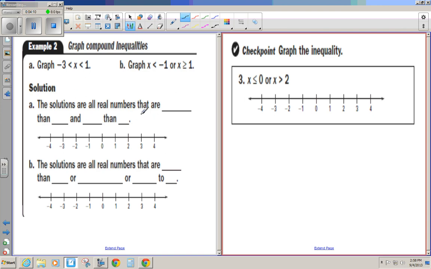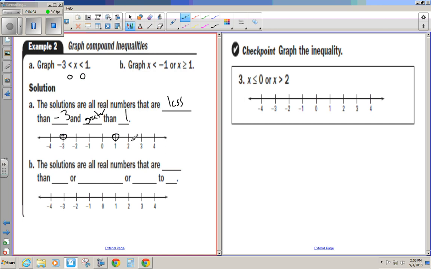The solutions are all real numbers that are less than negative 3 and greater than 1. And what type of dots? Here, it's a circle and a circle. Open dots or circles. So negative 3, circle. 1, circle.